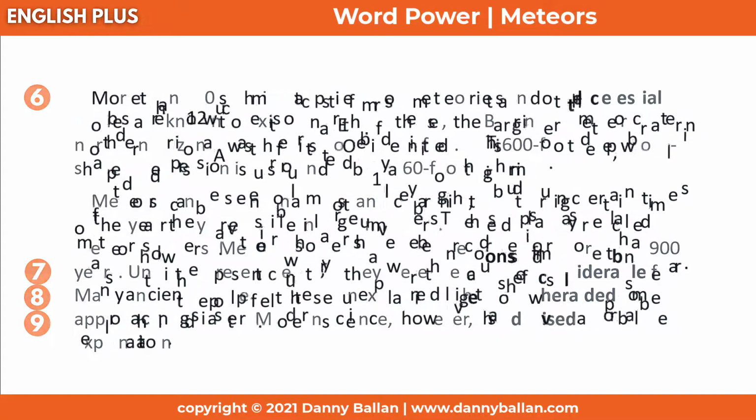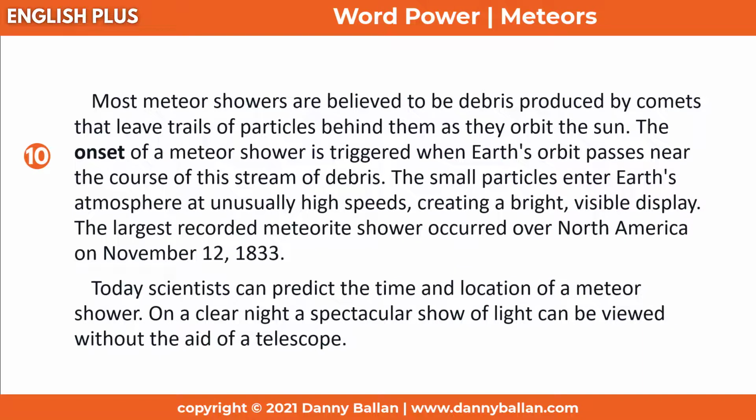Most meteor showers are believed to be debris produced by comets that leave trails of particles behind them as they orbit the sun. The onset of a meteor shower is triggered when Earth's orbit passes near the course of this stream of debris. The small particles enter Earth's atmosphere at unusually high speeds, creating a bright, visible display.